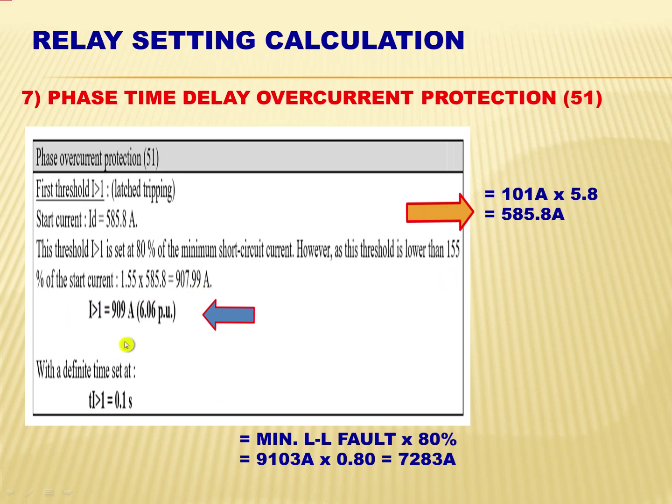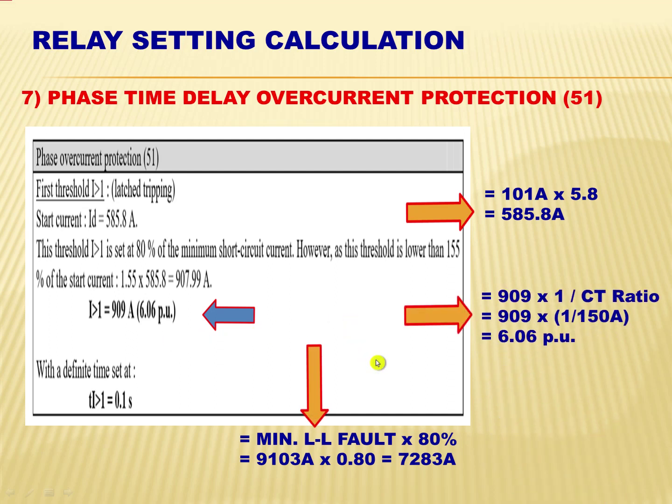So we have here the 909 ampere or 6.06 per unit. To derive this, we'll just multiply 909 ampere times 1 over the CT ratio. Our time setting here will be a definite time set at 0.1 second.